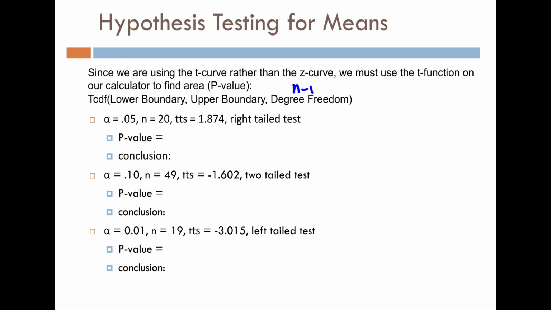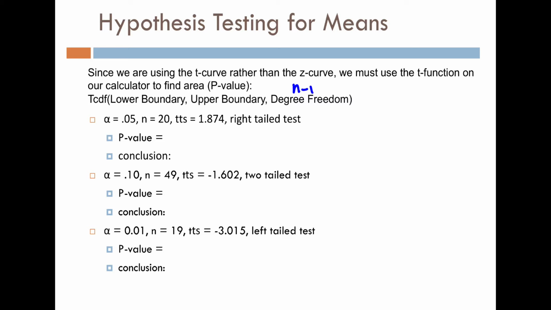But the lower my degrees of freedom, the fatter my tails are, the lower the hump is in the middle, and hence the more spread out my data is. So degrees of freedom is central to the t-curve. Every time we change the sample size, we have a different t-curve with different areas. And so that becomes one of the more important parts of this.